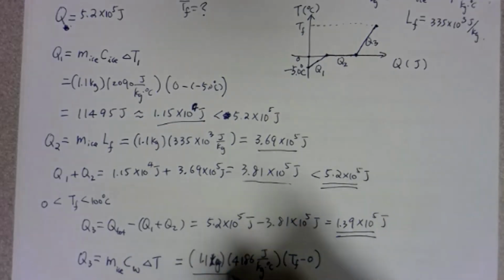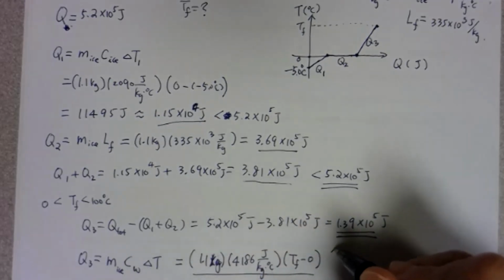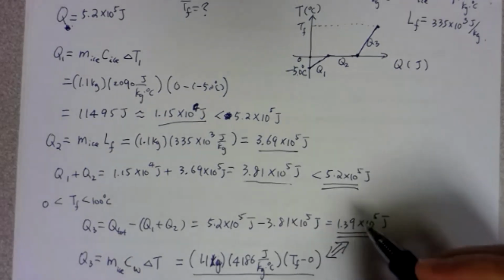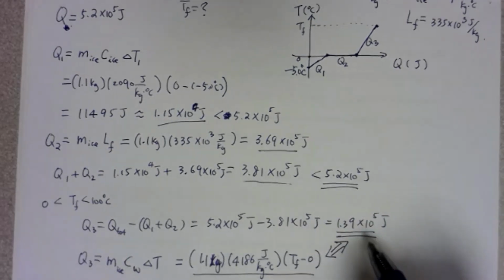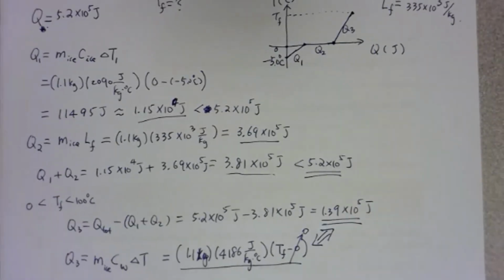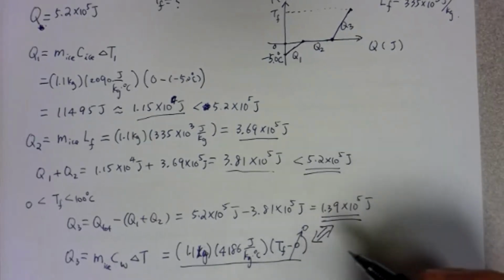And this should be equal to this guy. So you're setting these two equal to each other. Now this is 0, so then you're solving for your T final.